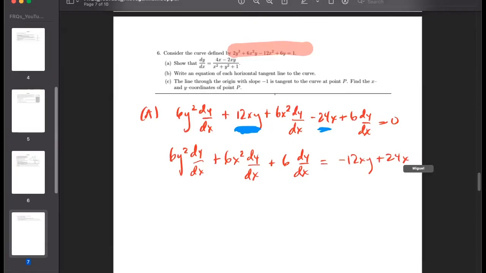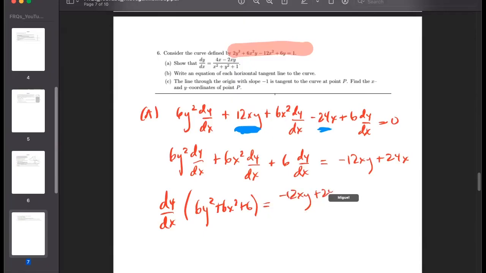Then I'm going to factor out the dy/dx from the left side. And I get (6y squared plus 6x squared plus 6) dy/dx is equal to -12xy plus 24x.